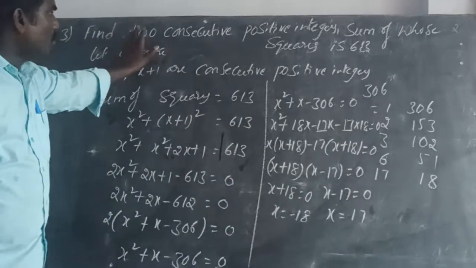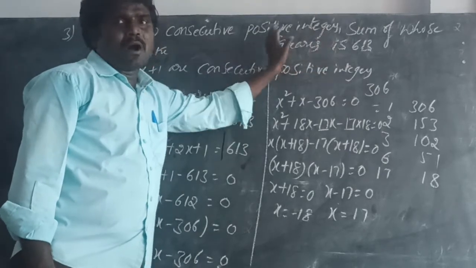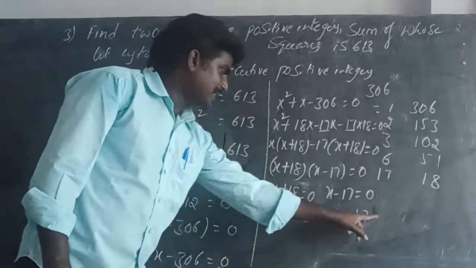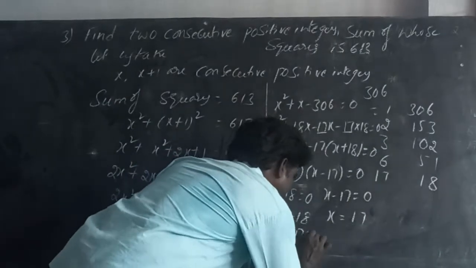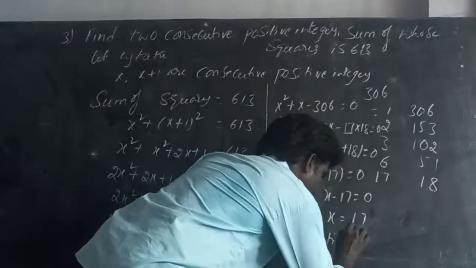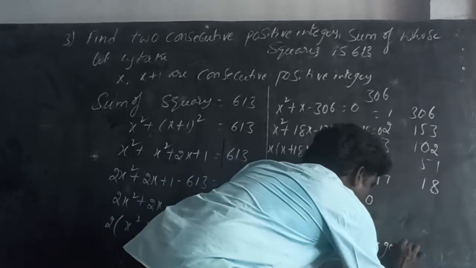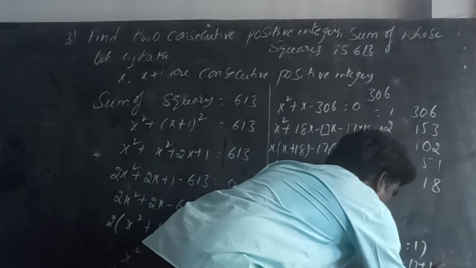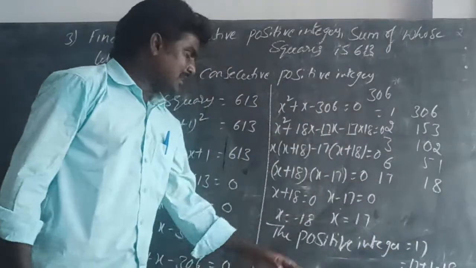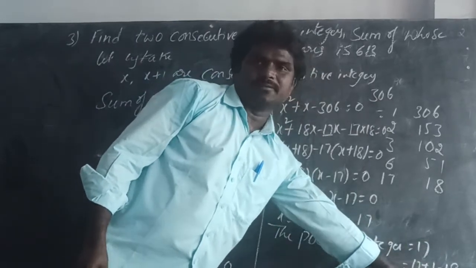Find two consecutive positive integers. So we take 17. Its consecutive positive integer is 17 plus 1, which is 18. So the two consecutive positive integers are 17 and 18.